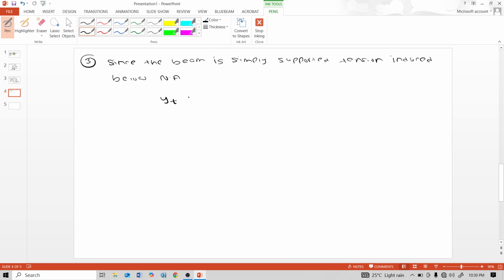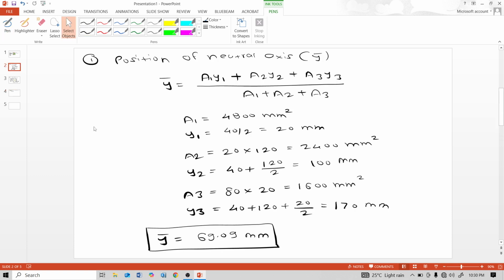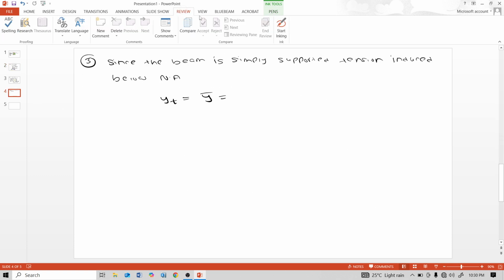yt is the distance between the neutral axis for that I cross section and the bottom fiber. Yt is y bar. In step 1 we calculated this as 69.09 mm.